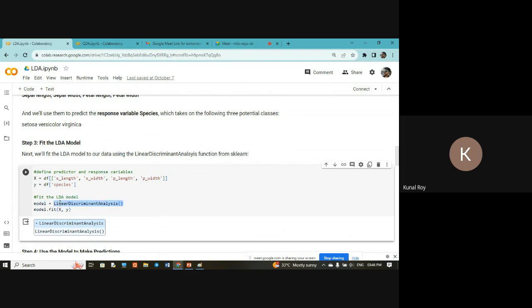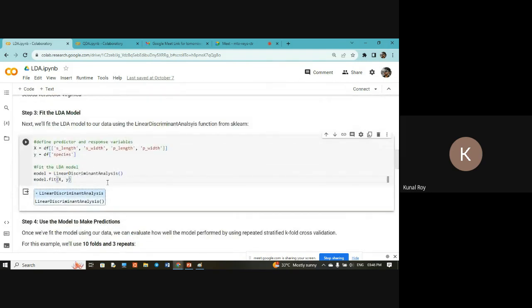This model is doing everything I explained in the mathematical equations and preliminaries I discussed. Then I want to fit this model on x and y. Now this linear discriminant analysis is taking place between x and y, that is between the sepal length and the species.